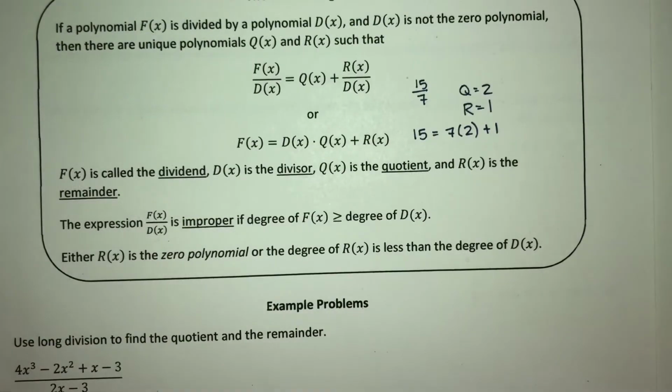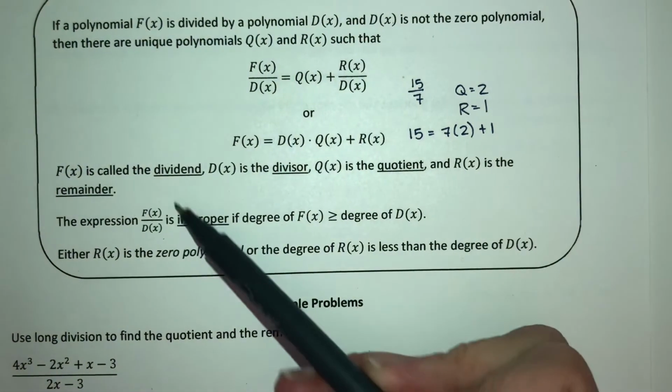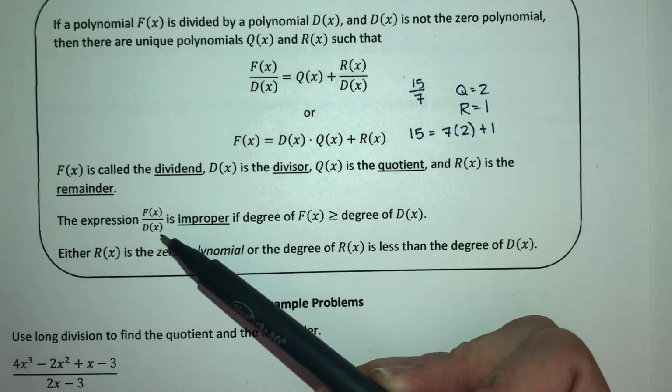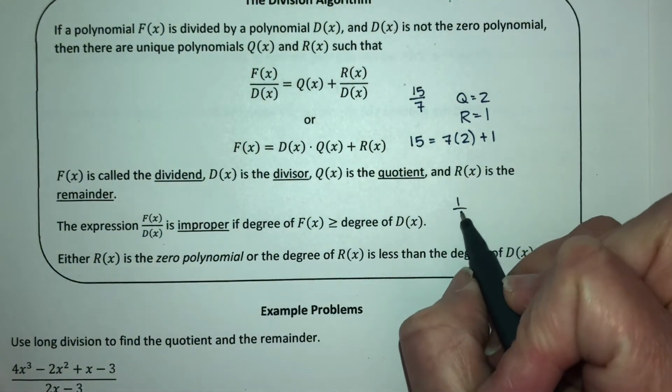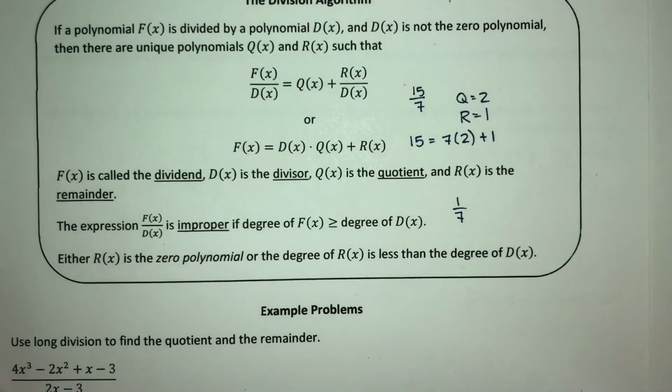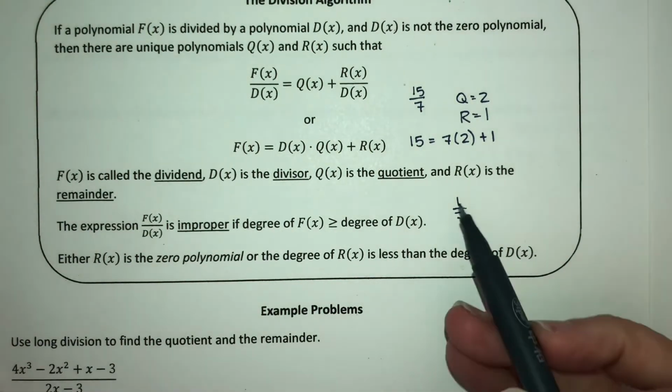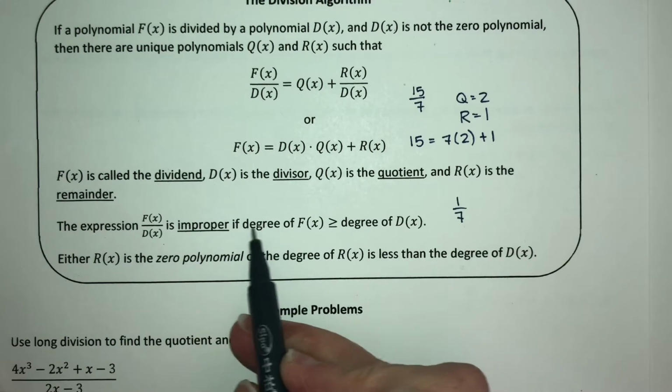So just like with regular fractions, we do have improper and proper fractions. It's not the actual number value that we talk about. So 1/7 is proper. We're talking about the degrees instead.